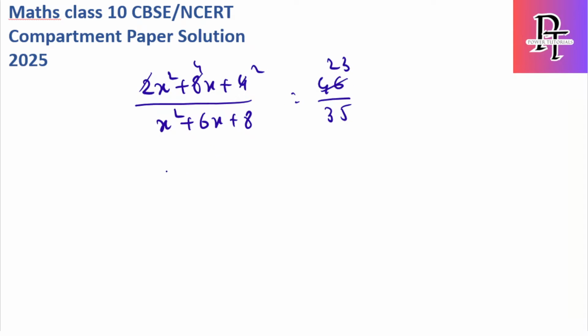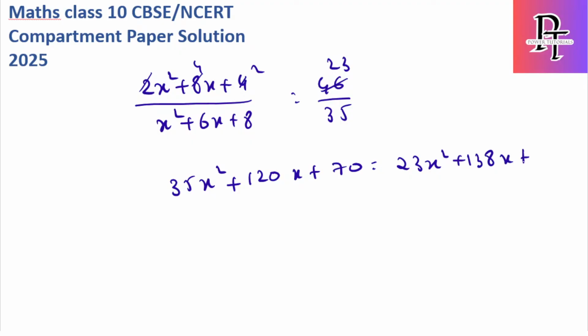Now let's cross multiply. You will get 35x square plus 4 into 35, 140x plus 35 into 2, 70, equal to 23x square plus 138x plus 23 into 8, 184.